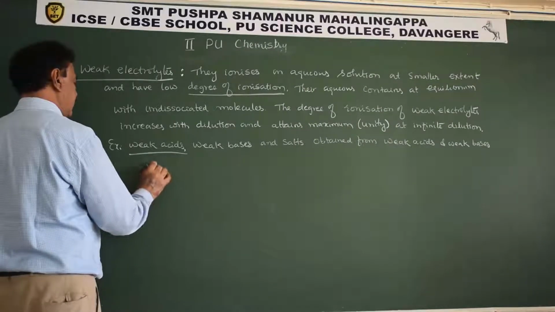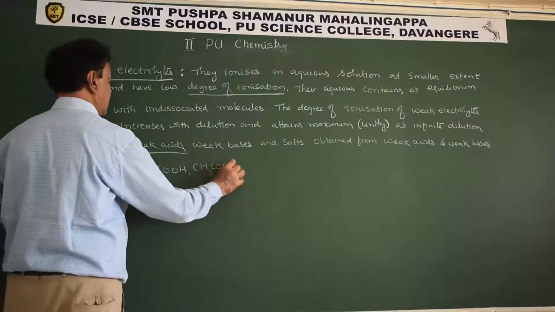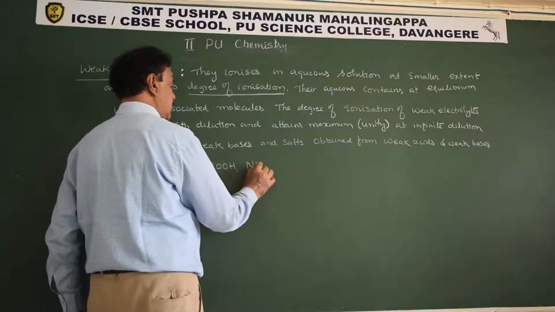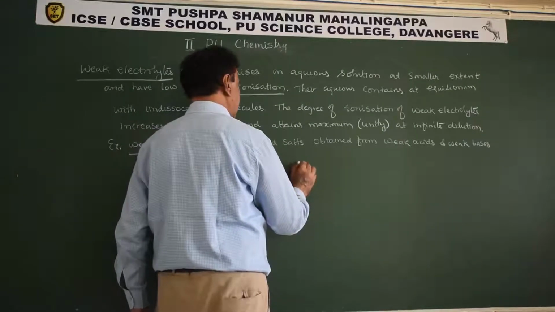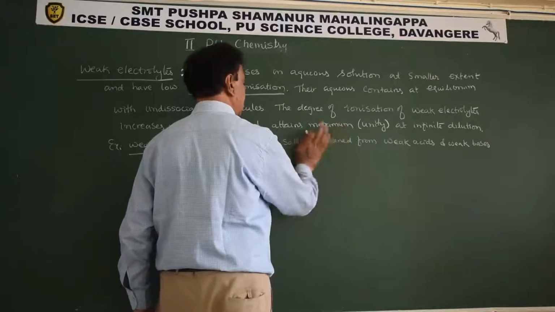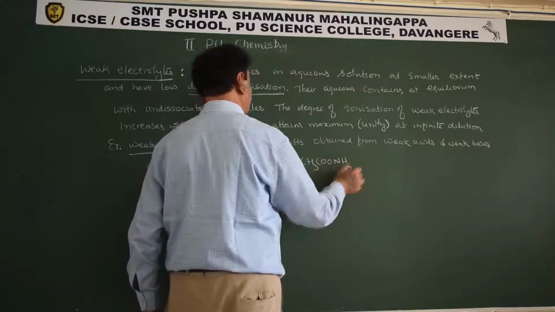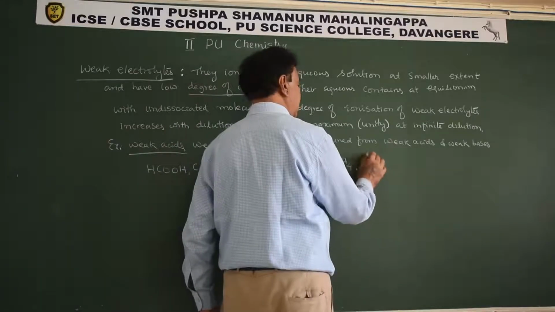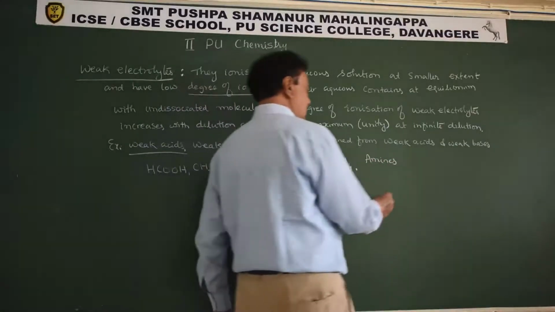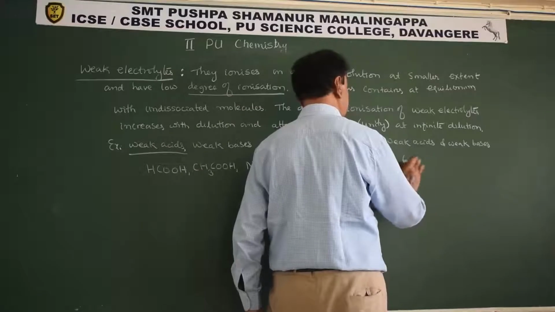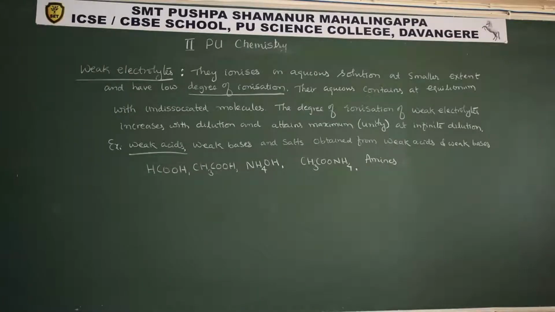Organic acids like formic acid, acetic acid, and weak bases like ammonium hydroxide, and salts such as ammonium acetate, etc. Amines, meaning NH2 containing organic compounds, are good examples of weak electrolytes.